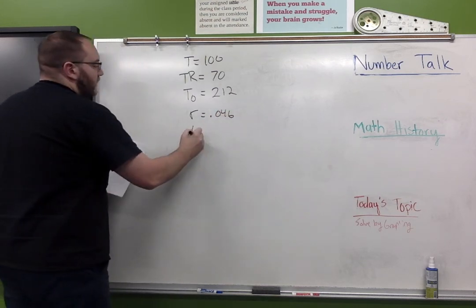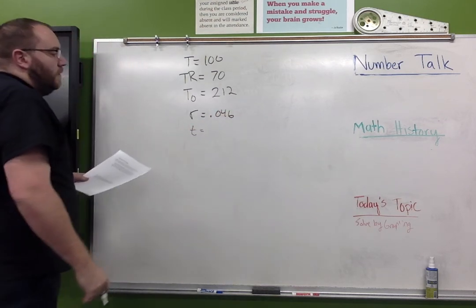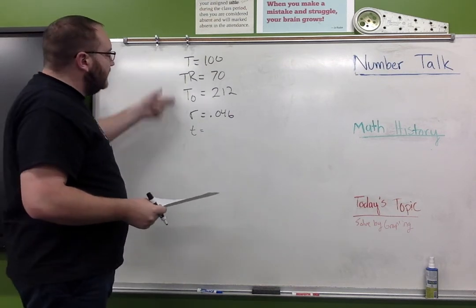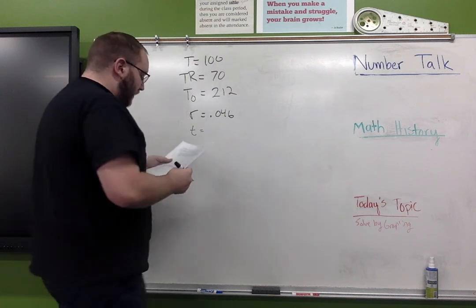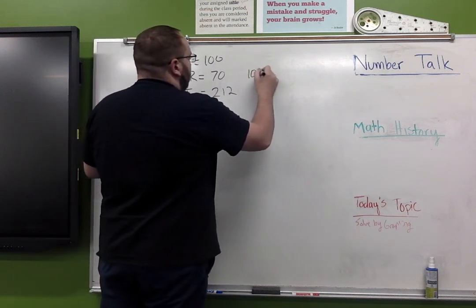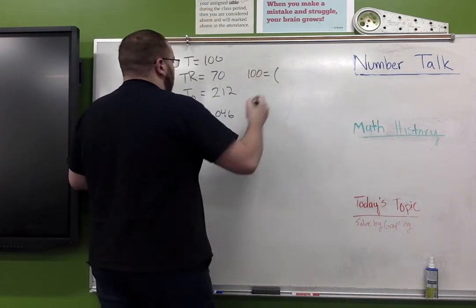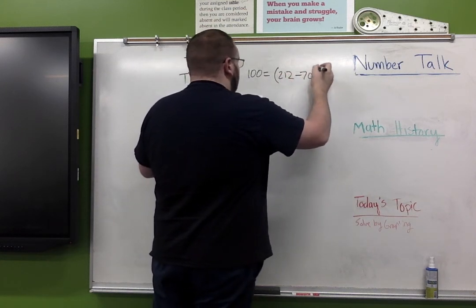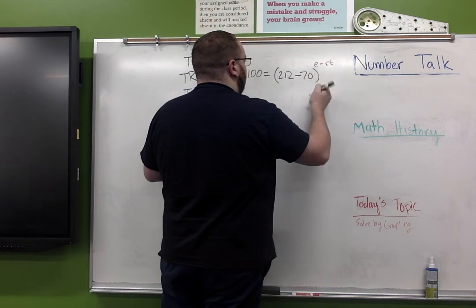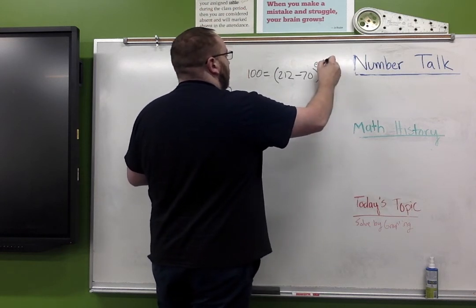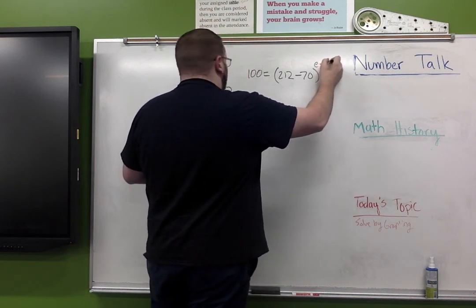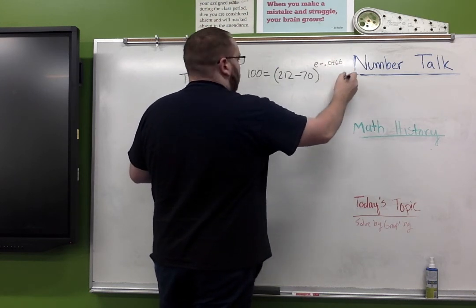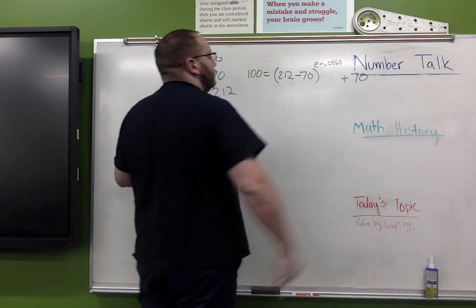And we want to find little t, which is the time it takes for it to cool down to 100 degrees. So we plug it into our formula. We have 100 equals 212 minus 70, times e to the minus 0.046 times t power, plus 70.